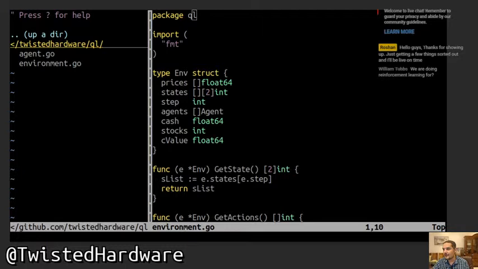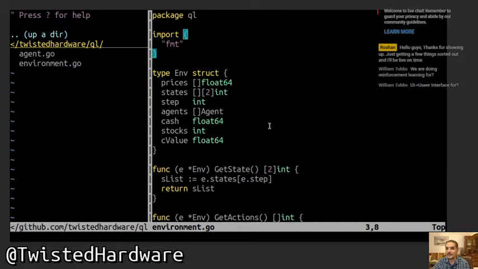William is asking, we are doing reinforcement learning for trading stocks in this example. UI as in user interface, yes, we will actually build a user interface, William, for this.